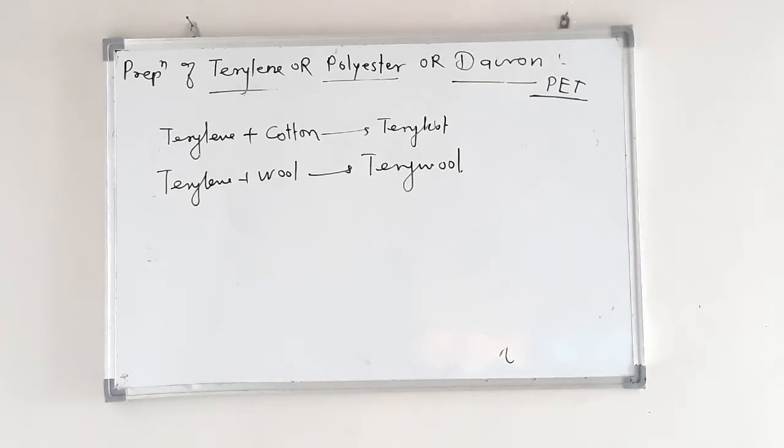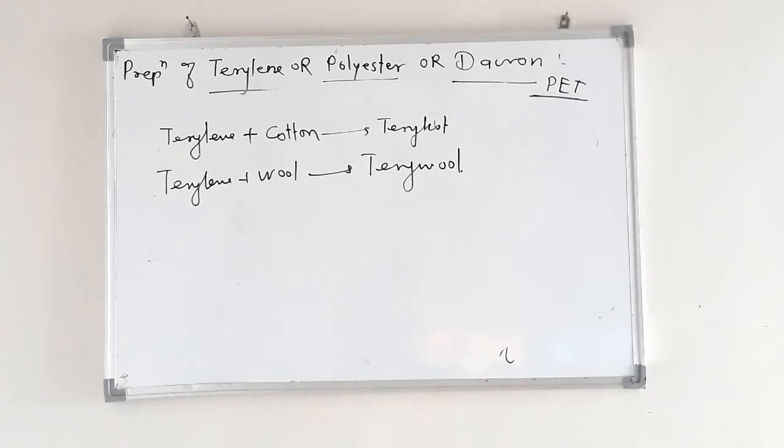They are blended with cotton to form terrycot, and also blended with wool, that will produce terry wool. These terrycot and terry wool are useful in the preparation of fishing nets, ropes, trousers, magnetic tape, recorders, tires, etc. Okay, so these are some uses of terylene and terrycot, terry wool.